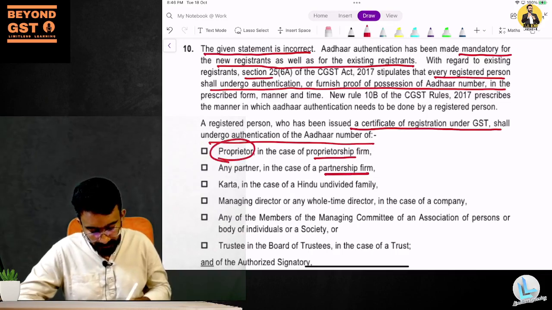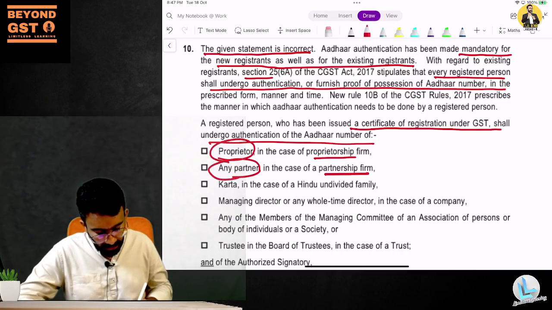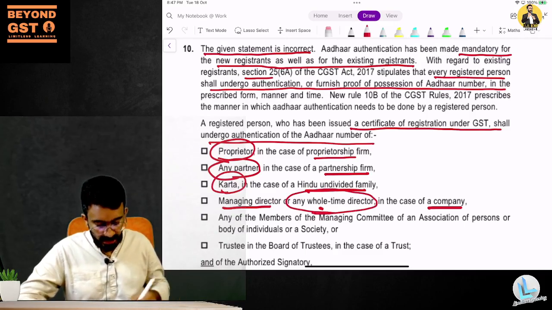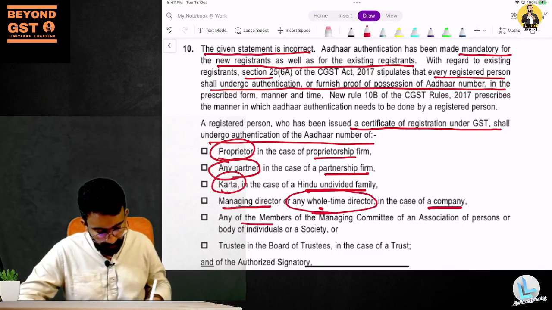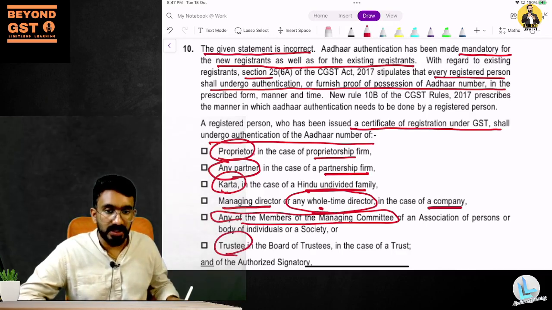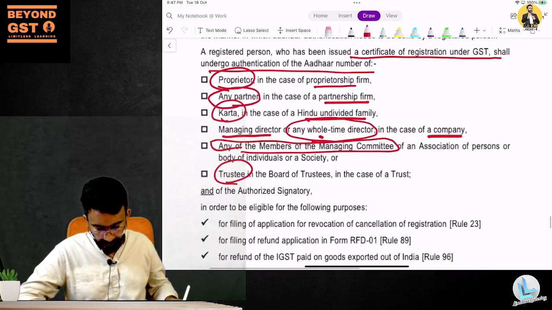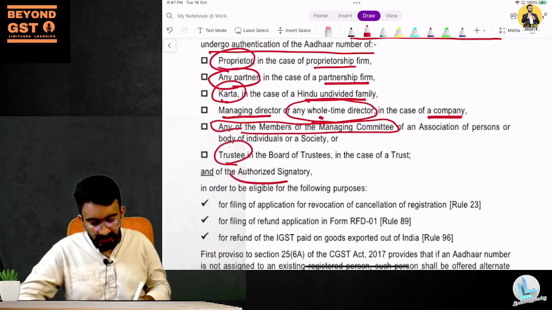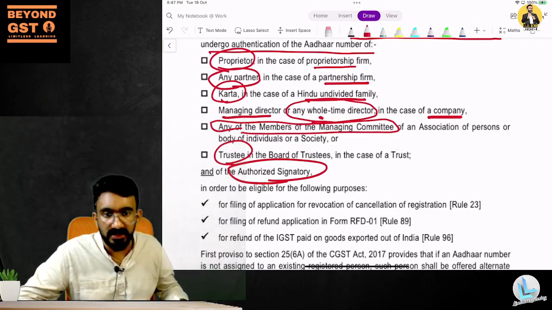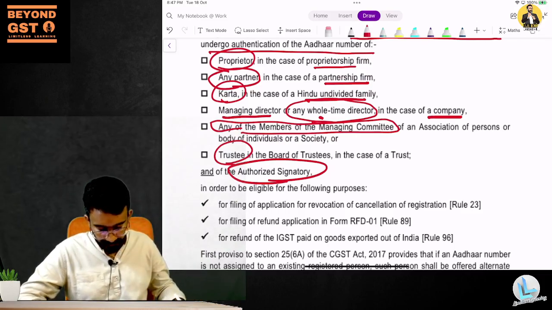If it's a partnership firm, any partner. If it's HUF, Karta. If it's a company, managing director or any whole-time director. If it's an AOP, association and all that, any member of managing committee. If it's a trust, trustee in the board of trustees, and the authorized signatory who is signing for the GST, their Aadhar authentication has to be done.